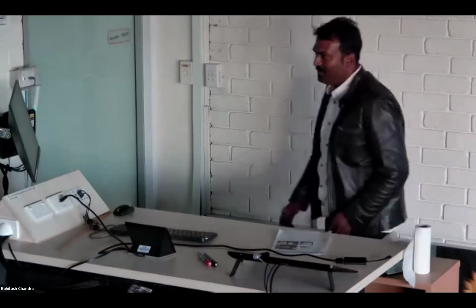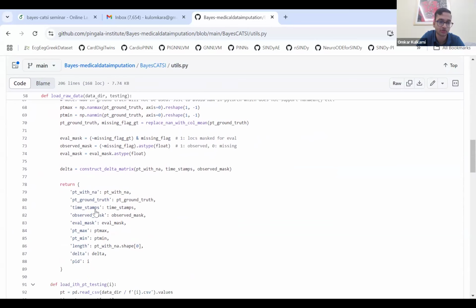This one, utils.py. So utils.py contains the data loaders, which are used to load the raw data, and also calculate the observation mask and the evaluation masks.